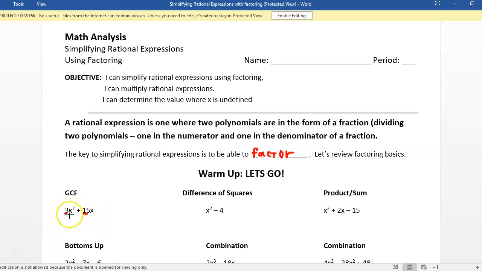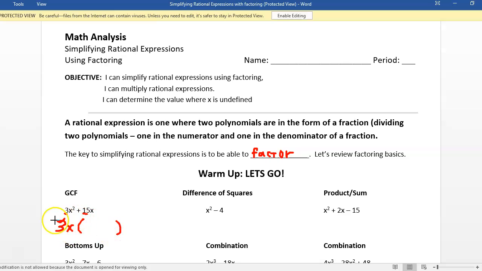If I look at this term, 3x squared plus 15x, looking at the coefficients, I notice I can take out a 3 out of the coefficients. Now, if I look at the variables in a polynomial and they share a common variable, I can take out a GCF of a variable with the lowest power. In this case, I'm taking out an x to the first power. So my GCF is 3x.